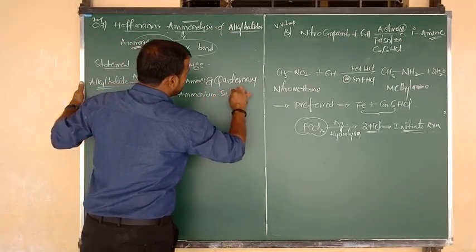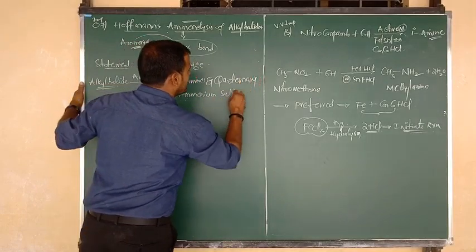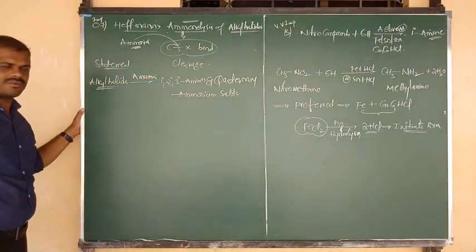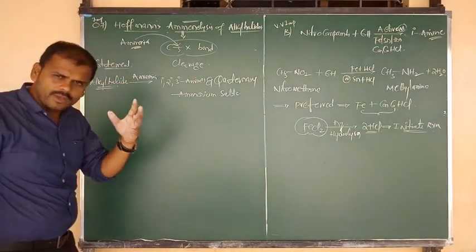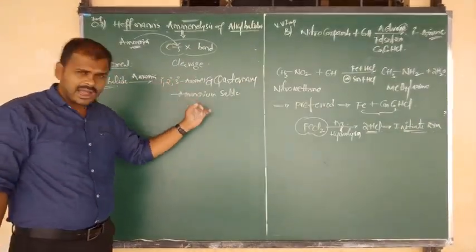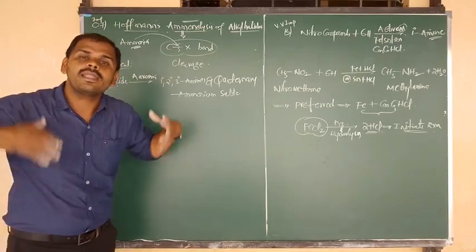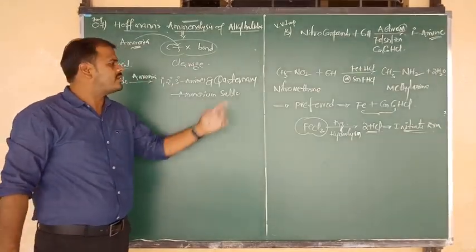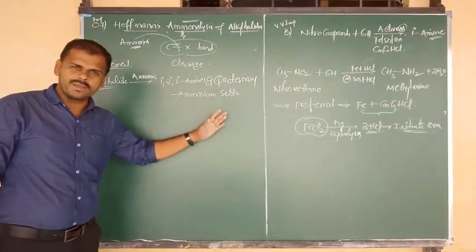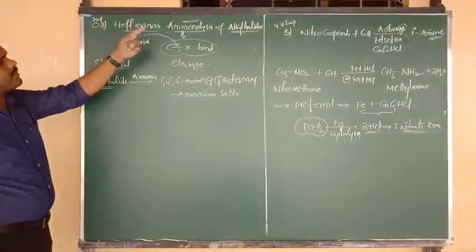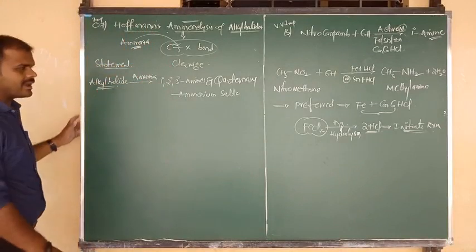Yes, here we will get the quaternary ammonium salt. So once again, alkyl halides on reaction with ammonia give primary, secondary and tertiary amines, and finally quaternary ammonium salts. So all types of amines and ammonium salts we can prepare from ammonolysis of alkyl halides.